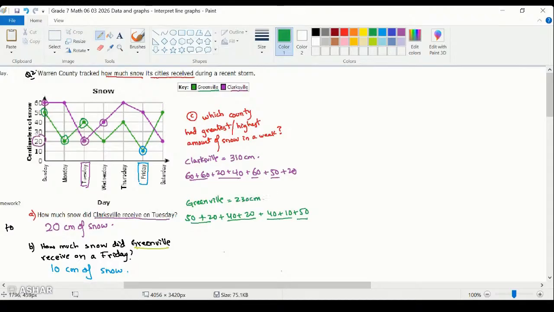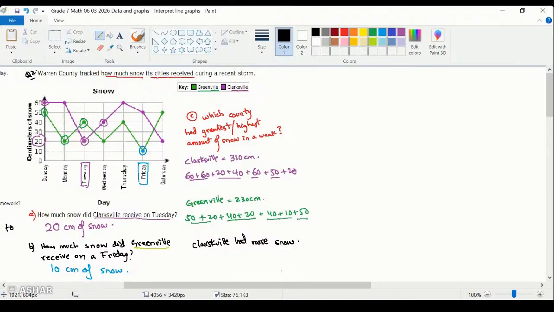So what we can say is, Clarksville got more snow during the week, right? There could be a lot of questions. There could be comparisons. If there are two line graphs given to us, that means we are comparing two different values.